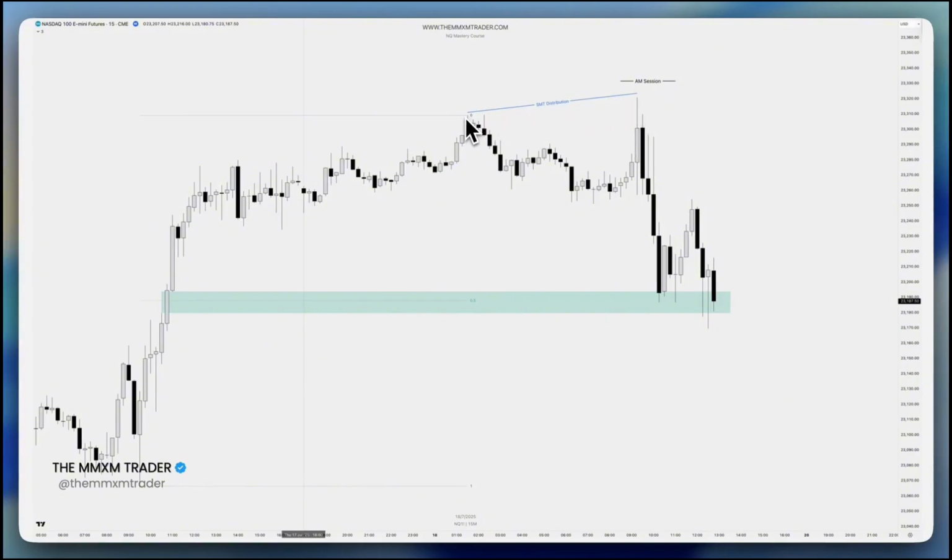We get SMT with YM here. And then we get a bearish order block confirmed with the close below the body here. And then the market trades back up into the order block and sells off, right? On a lower time frame, we could obviously catch a better entry here, and we can catch a very nice scalp on NASDAQ to trade here.